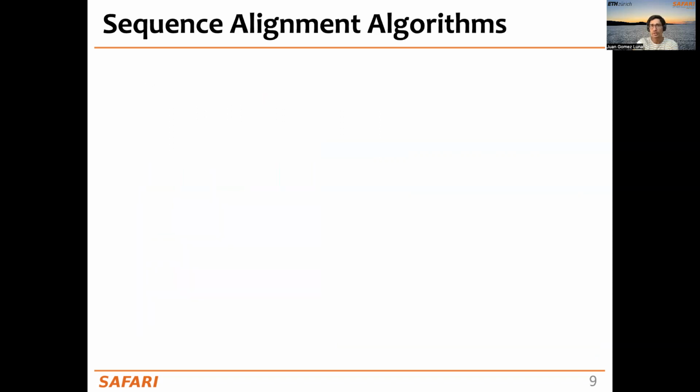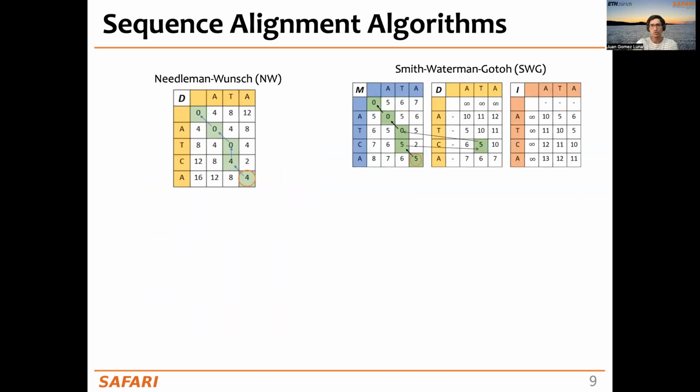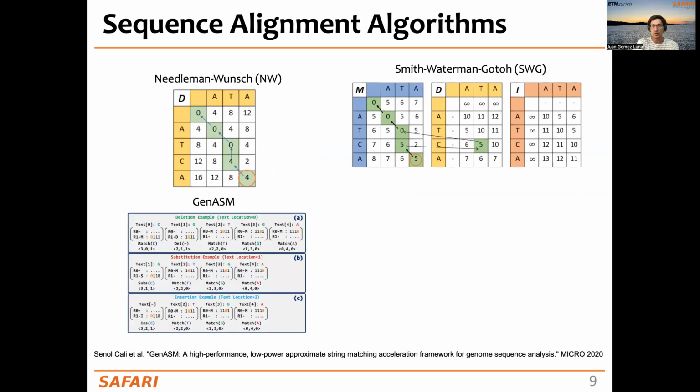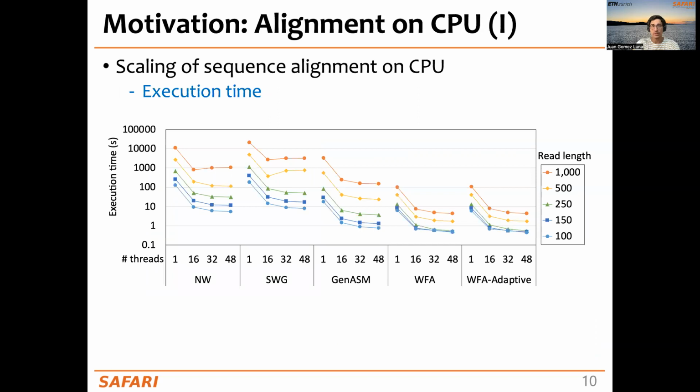There are other sequence alignment algorithms. We mentioned already Needleman-Wunsch. We also mentioned other versions of Smith-Waterman, such as Smith-Waterman-Gotoh, and more recently presented GenASM and the wavefront algorithm. These algorithms have something in common, which is that they don't scale well on CPU.